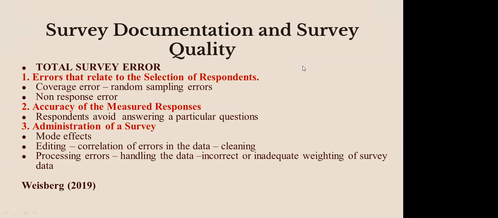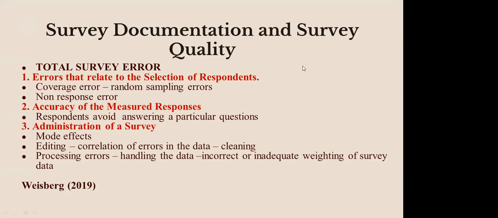For example, you are visiting a home to collect a survey, and in the same place one person is hospitalized. Obviously a coverage error happens, and it depends on the selection of the respondents. You may be targeting 4 people, but you come out with only 3 people's responses. You got it? That's the errors related to the selection of the respondents.